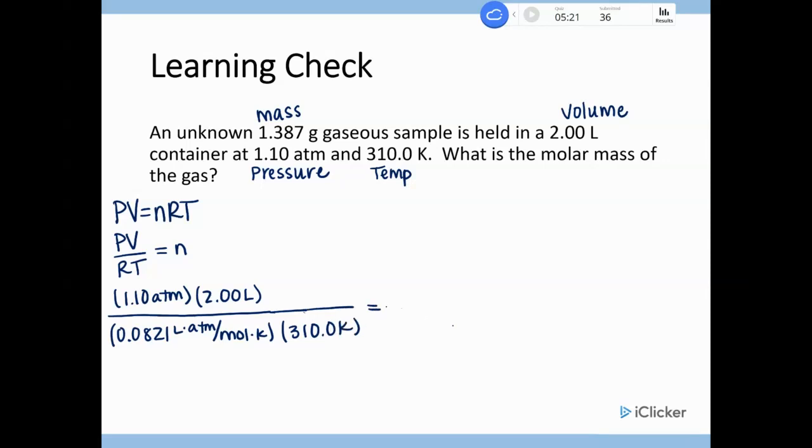So this is equal to number of moles. This is 0.08644, a couple extra sig figs there. 0.08644 moles.